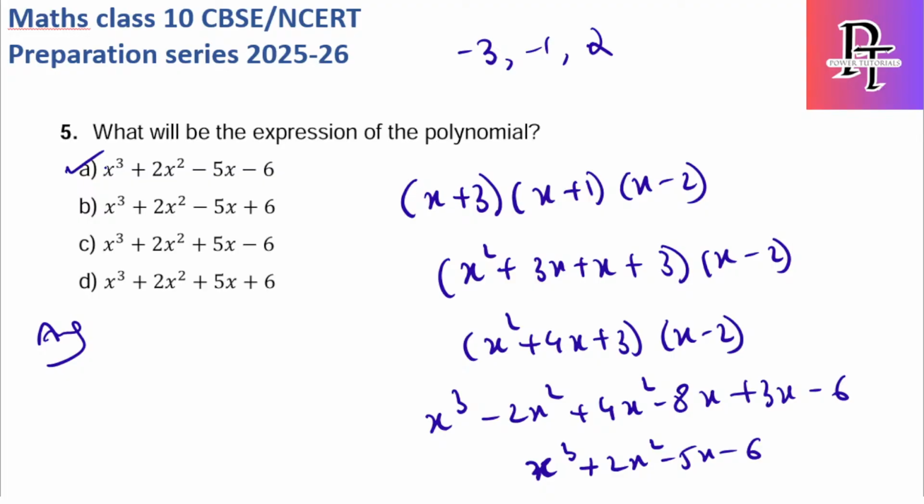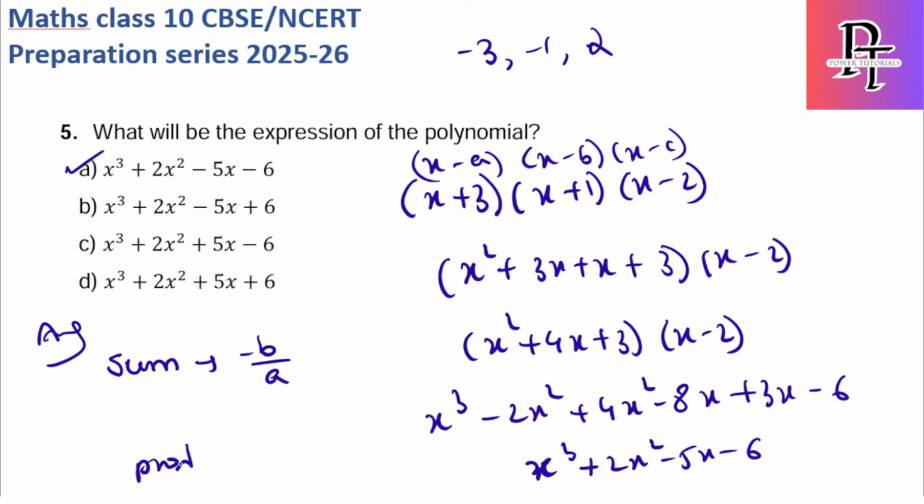So simply whichever zeros are there, you have to write in form of x minus a into x minus b into x minus c to get the answer. Okay, I told you we have another option as well, so that is using sum of roots, product of roots, and product of two zeros. So sum of zeros, for a cubic equation, is minus b by a.